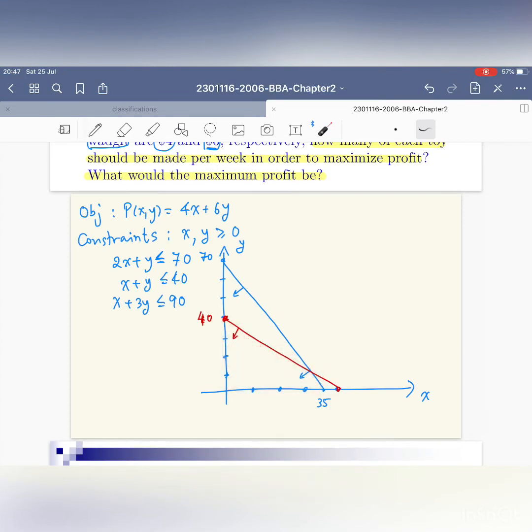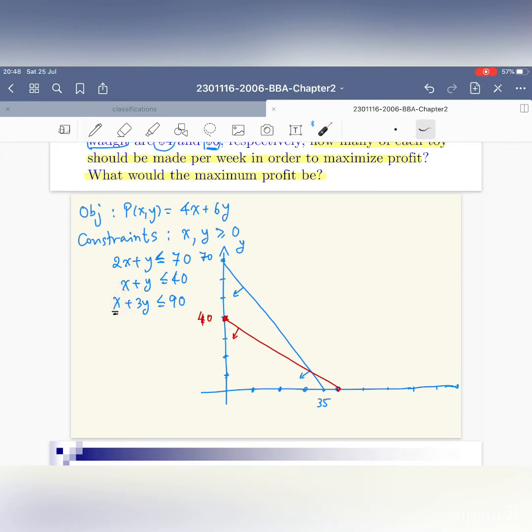However, you have another one, which is x plus 3y equals 90. If your y is 0, your x will be 90. So it will be pretty long. This is 4, 5, 6, 7, 8, 9. Okay, and if your x is 0, your y is 90 over 3, which is 30.